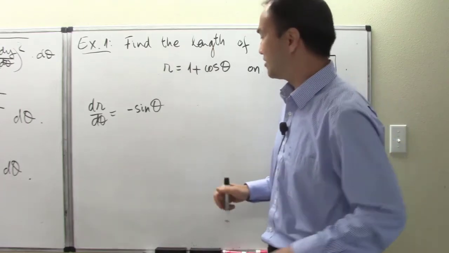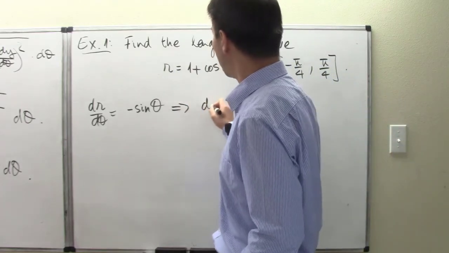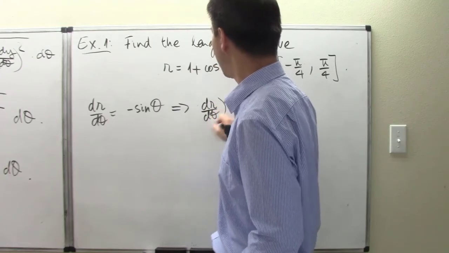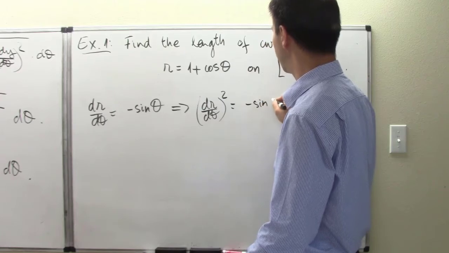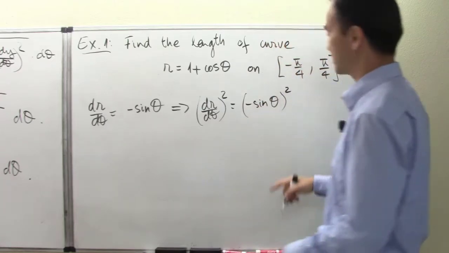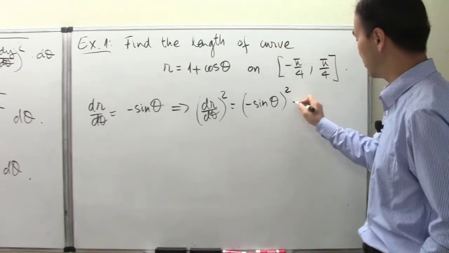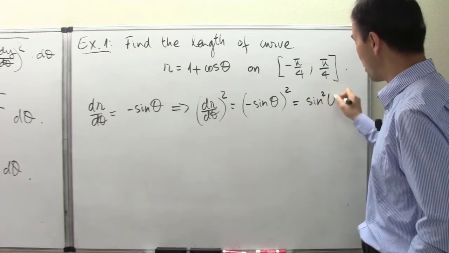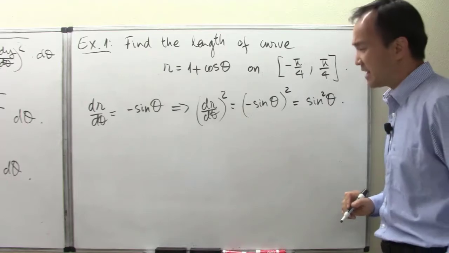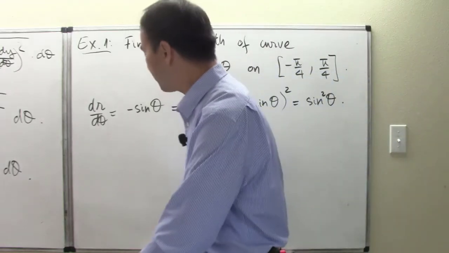Now that means dr d theta squared, and I could have saved this step for later, but since I wrote it, we can just get started on that. We can further write that as sine squared of theta. And now we are ready for setting up.